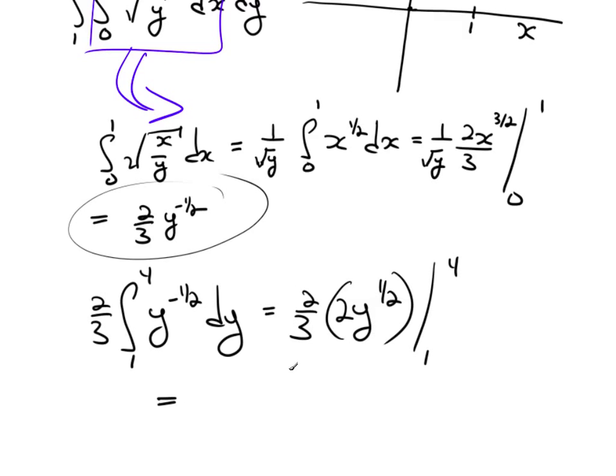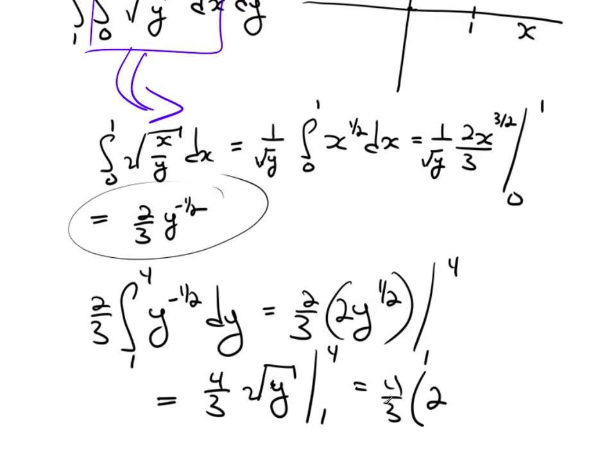So if I simplify this a little bit, this is going to be 4/3 the square root of y evaluated from 1 to 4, which is 4/3 times the square root of 4, which is 2, minus the square root of 1, which is 1. So 2 minus 1 is 1. That just gives me 4/3 as a solution.